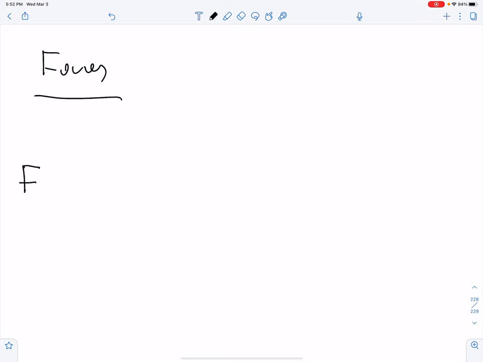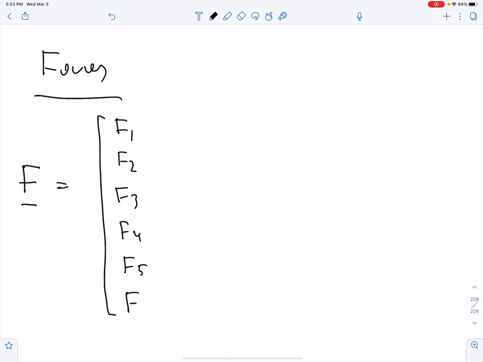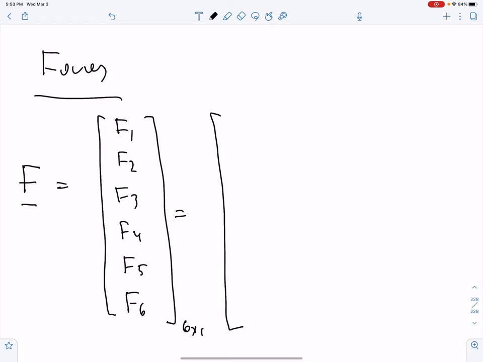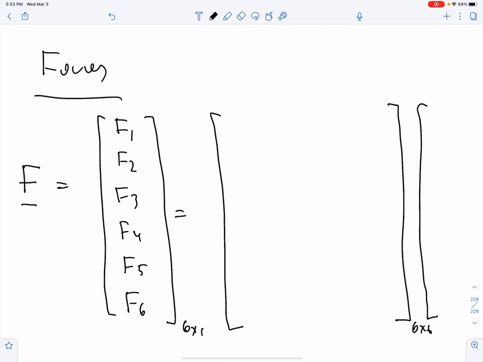So let's write down F. F in our case is F1, F2, F3: two forces and a moment, and two forces and a moment again. This is 6 by 1, equals some other 6 by 6 matrix, which I'll build up in a second, times their local counterparts.